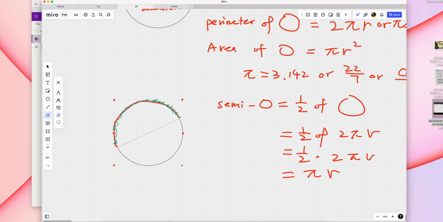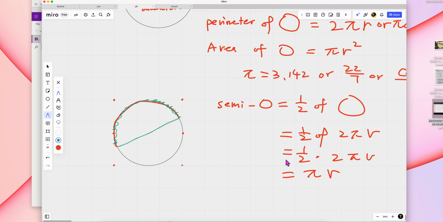But for a semicircle, this looks like a semicircle with the diameter. So next time when you do a semicircle question, you need to bear in mind whether you need to consider the diameter or not. Okay? So you look at the figure drawn for you.